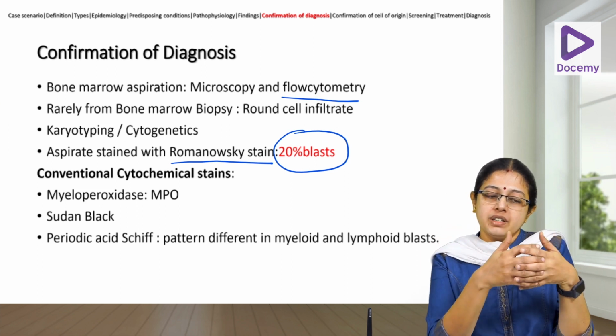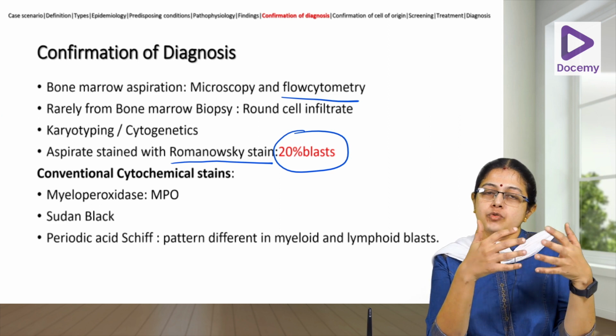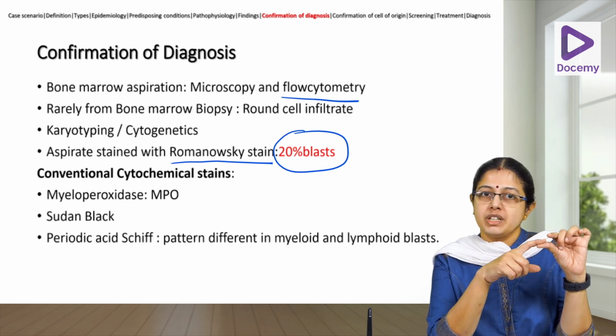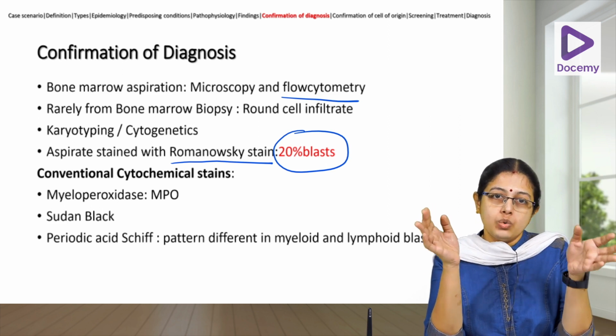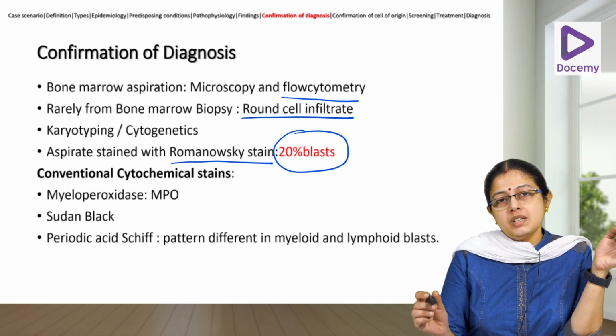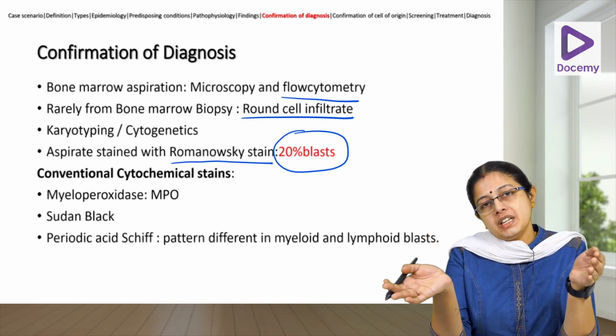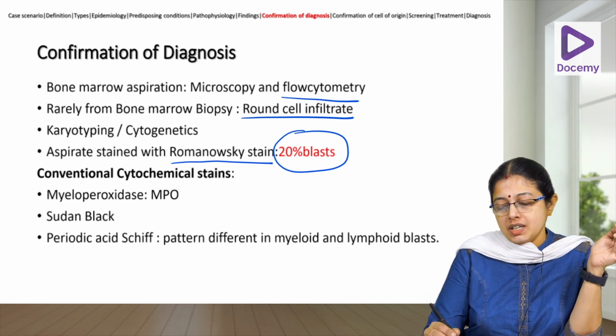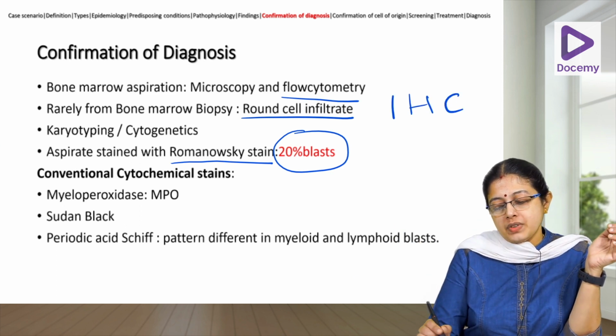So, in such a situation, when you have a dry tap of bone marrow, the biopsy will be the one that helps you to confirm the diagnosis, and the presence of round cell infiltrate in the biopsy. The type of cell can be confirmed by immunohistochemistry, IHC.